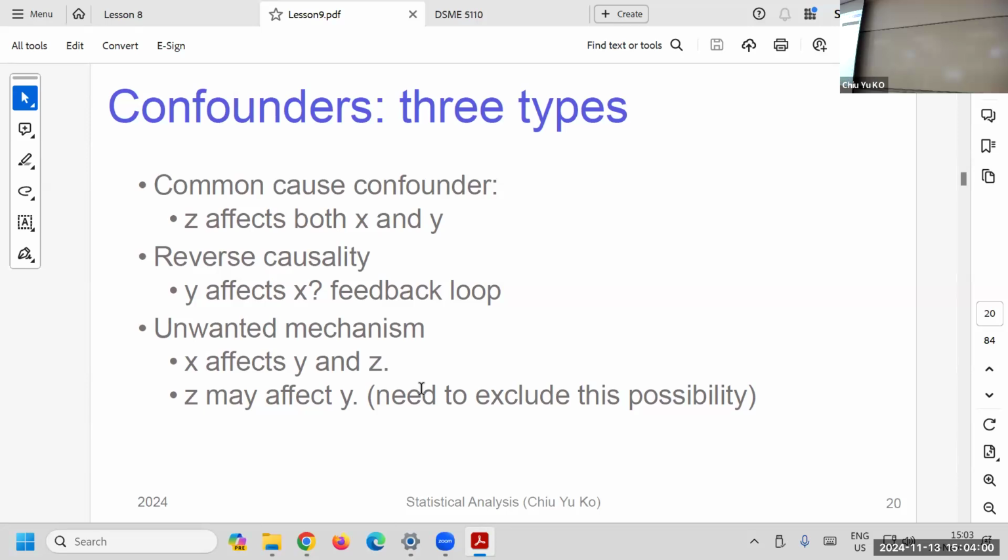And that's the unwanted mechanism. There is something that changes X, which affects Y, but also Z, and Z also affects Y. So there is an unintended consequence. Maybe the following: you go to a master program, and then you meet a rich, beautiful girl, and then you marry her, then you make a lot of money.